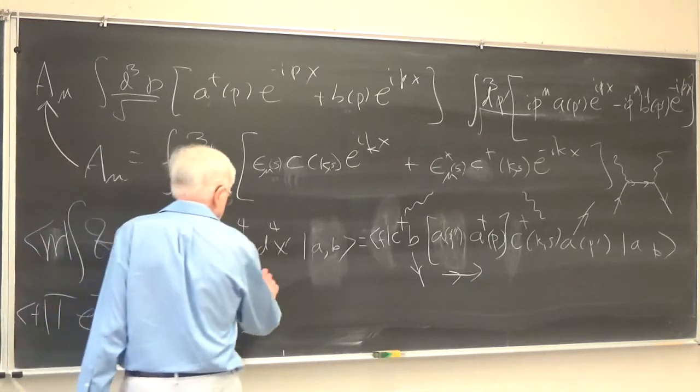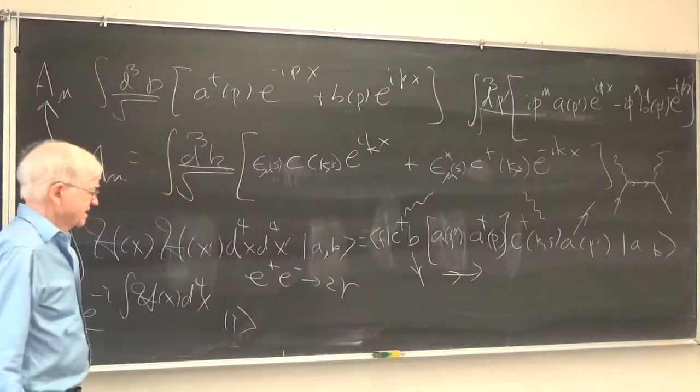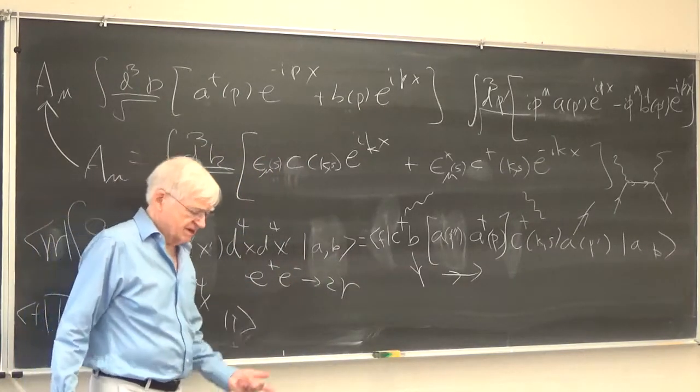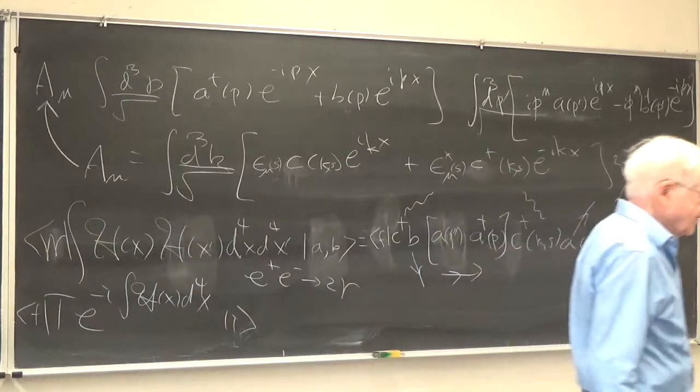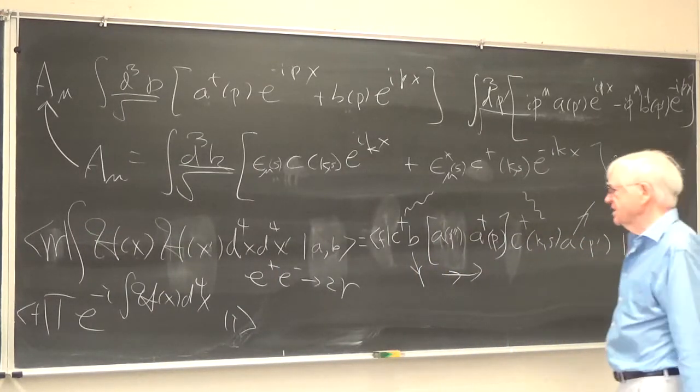And so that's e plus, e minus goes to two photons. And these are half an MeV. If they're not moving very fast, the two photons that go out are half an MeV photons.